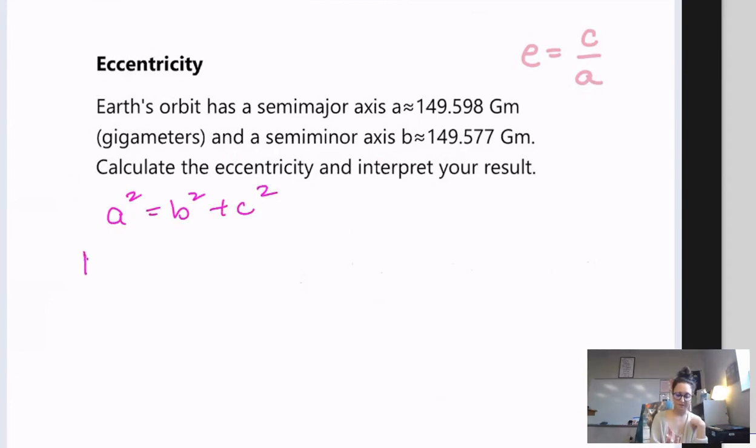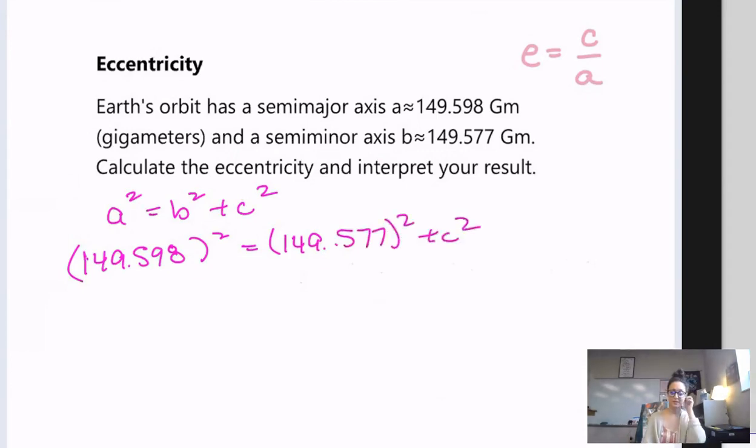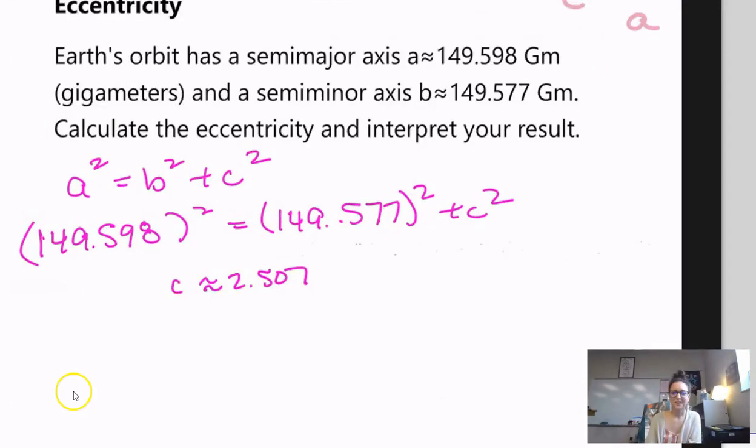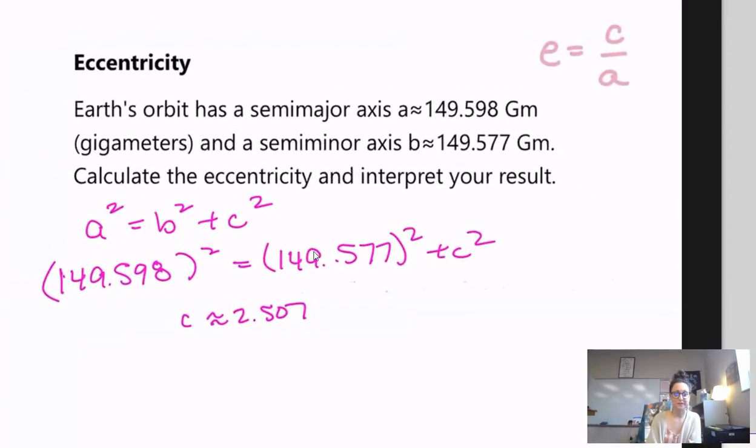I'm going to have approximately 149.598 squared equals b squared plus c squared, where b is approximately 149.577. So c is what we're looking for. I'm going to go ahead and grab my calculator and simplify c for you. Okay, so I am getting that c is about 2.507.